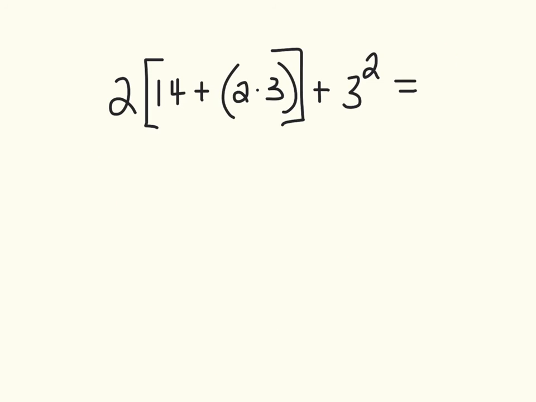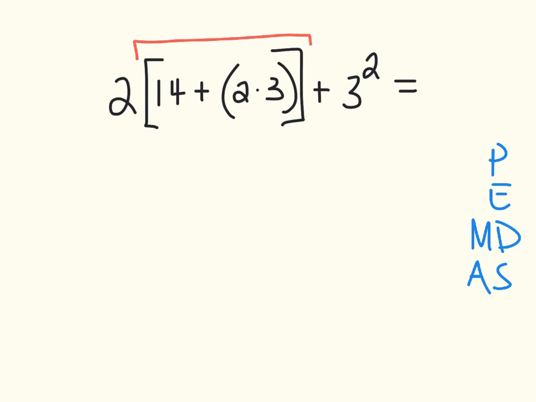Final example is looking at using the idea of brackets. So once again, I'm going to put my please excuse my dear Aunt Sally or my PEMDAS off to the side. And I'm going to look at parentheses first. I have this set of brackets because we can also include brackets. However, I am going to solve this part first. Okay?